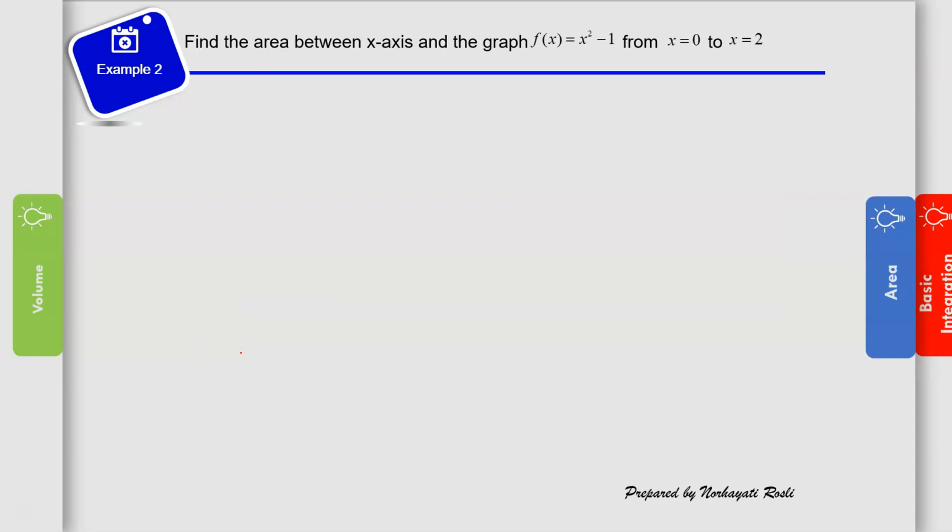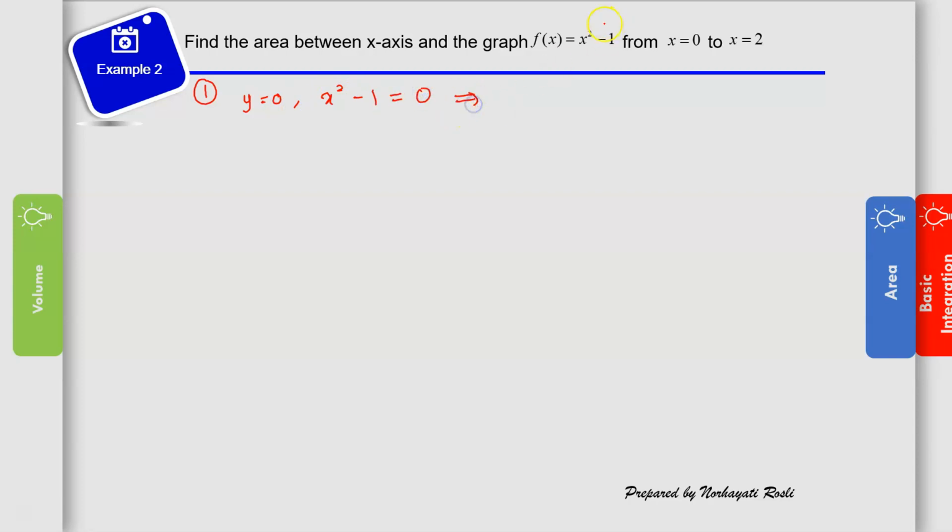Okay, so now we go to example 2. We need to find the area between the x axis and the graph of f(x) equal to x squared minus 1 from x equal to 0 to x equal to 2. In this case, what we need to do first is sketch the graph. So for our first step, we need to find when y equal to 0, we have here x to the power of 2 minus 1 equal to 0.